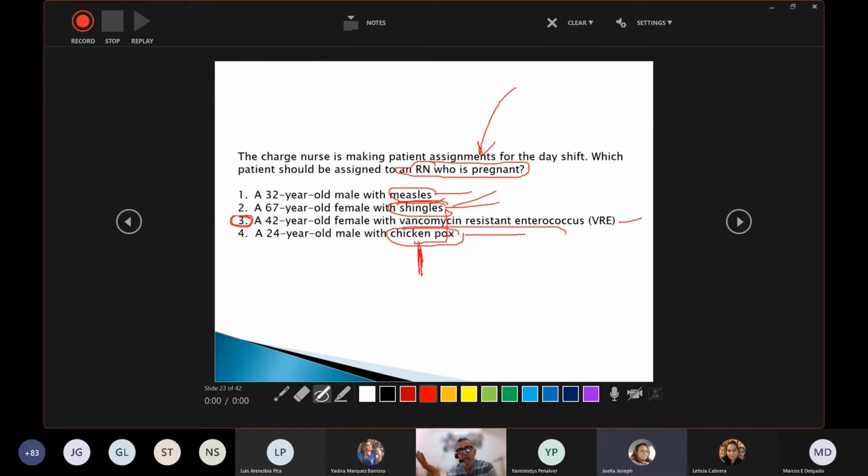So it's not good to have a pregnant nurse dealing with viruses like chickenpox, measles, and rubella that could harm the baby. The woman is no problem because probably she is immune to all those, but the problem is the fetus that is immune suppressed. Nevertheless, a vancomycin resistant enterococcus is a bacteria that cannot affect the baby, and it's easier to control, being careful with the hand washing, etc. So that's why the best answer of this question is 3.